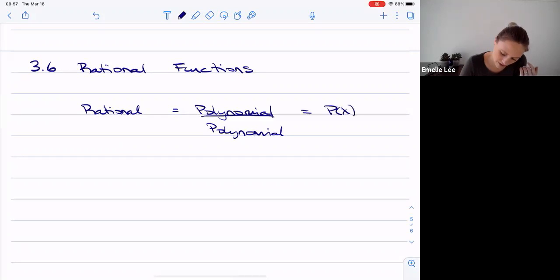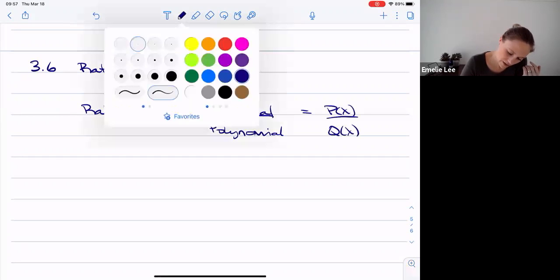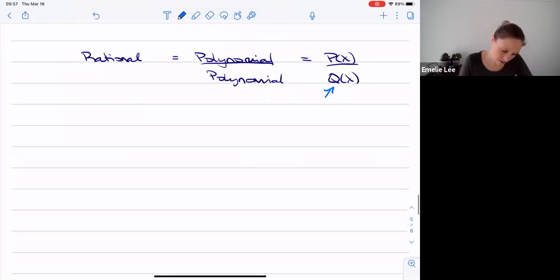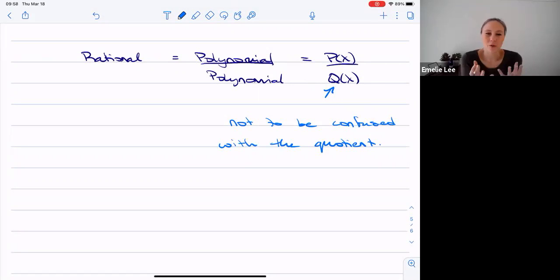So context matters here, p of x, q of x, not to be confused with the quotient. These two things will never overlap. The context will make it clear whether q of x is being divided into p of x or if it's the quotient. It will be obvious, but I just wanted to point out that you shouldn't let it confuse you.